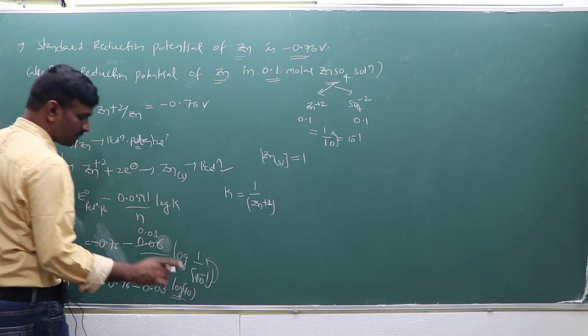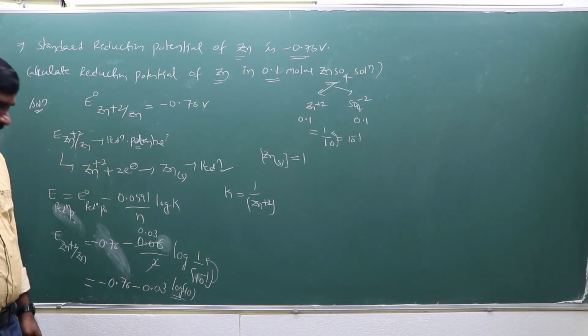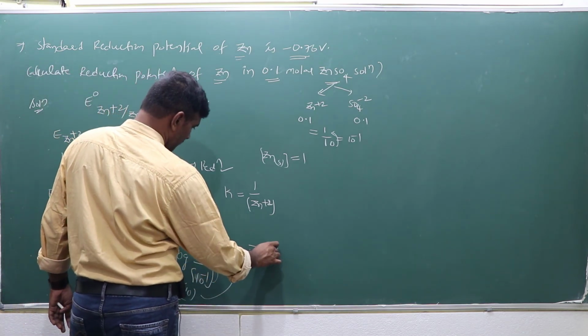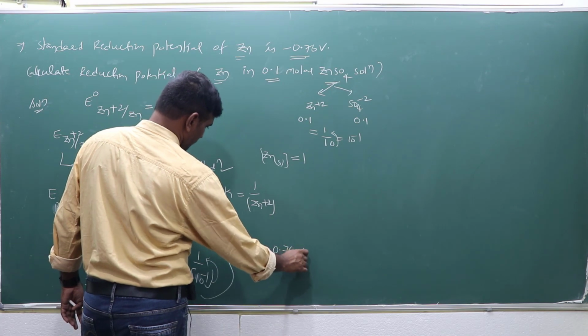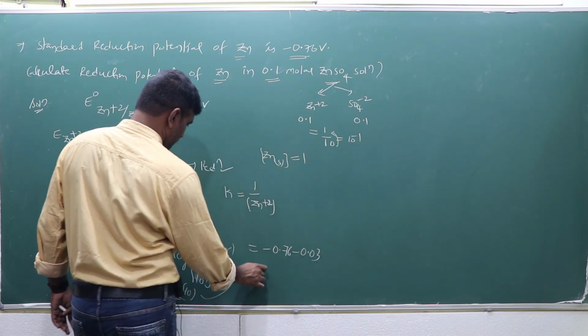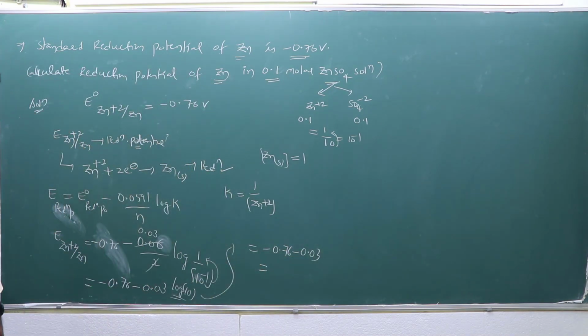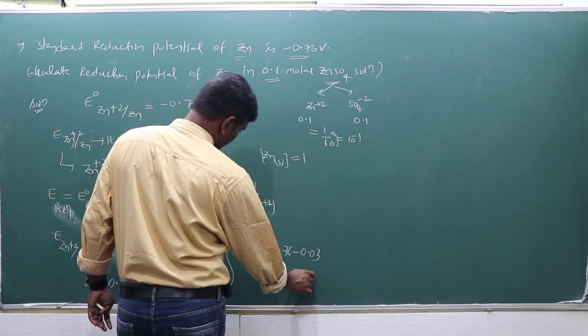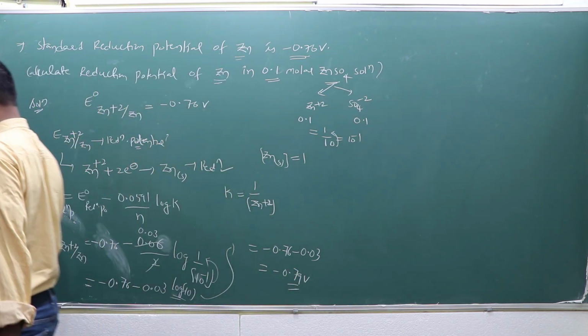Log 10 value is how much? 1. When log 10 value is 1, that is equal to minus 0.76 minus 0.03. So how much is that approximate value? Minus 0.79 volt.